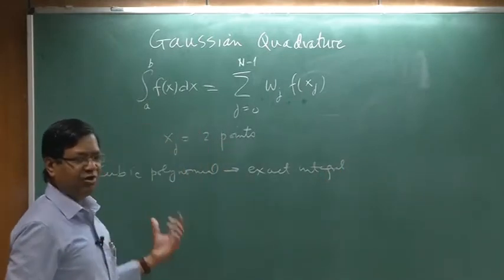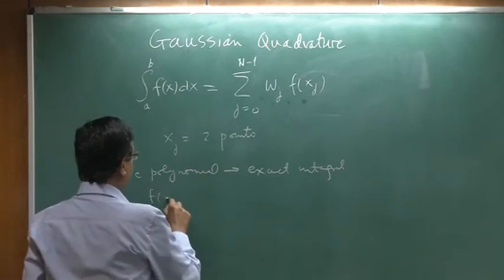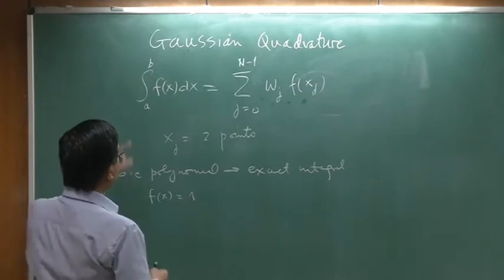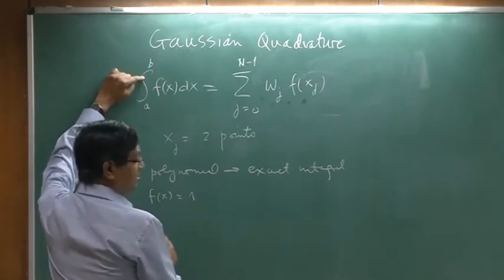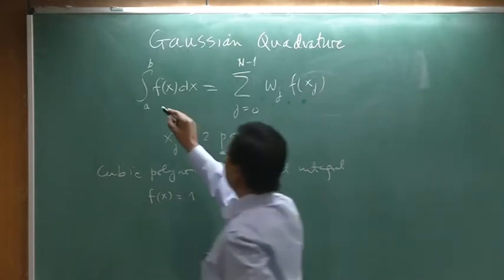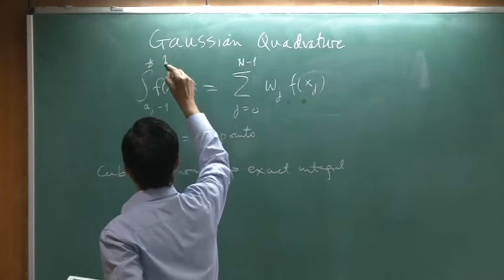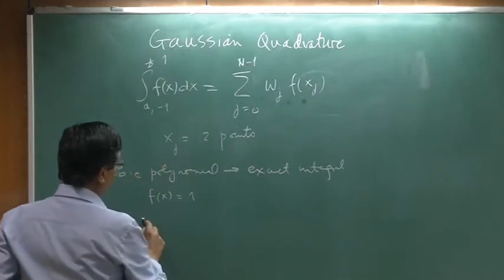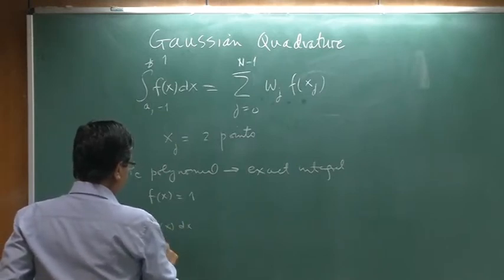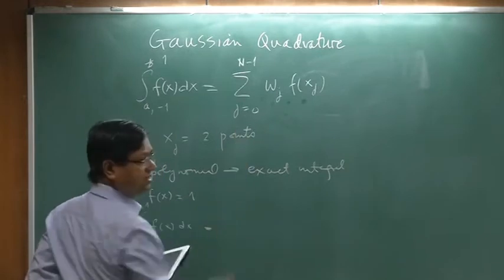So I have to just do it for 4 of them. f(x) equal to 1 is a 0th order polynomial. I am choosing the interval -1 to 1 for this problem. So the integral of f(x) dx from -1 to 1 is on the left, and the right hand side is this.